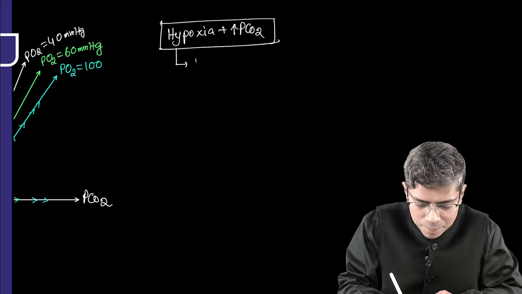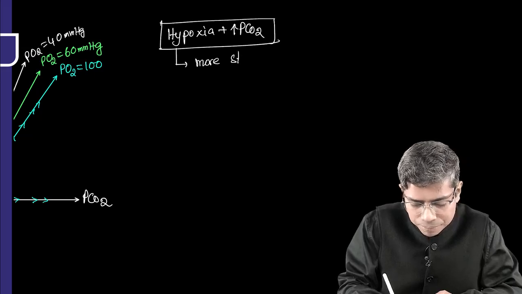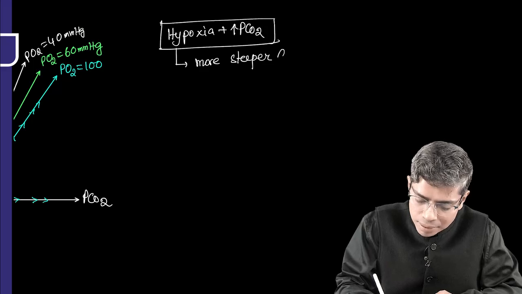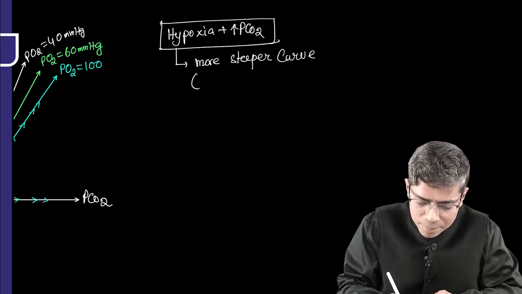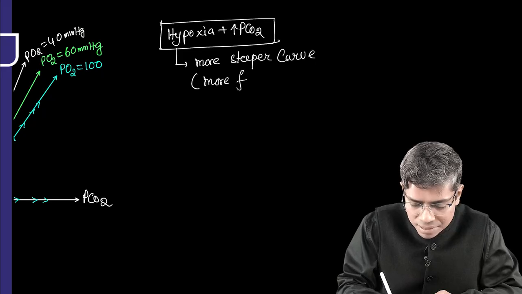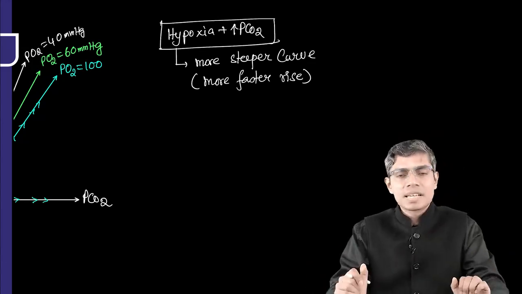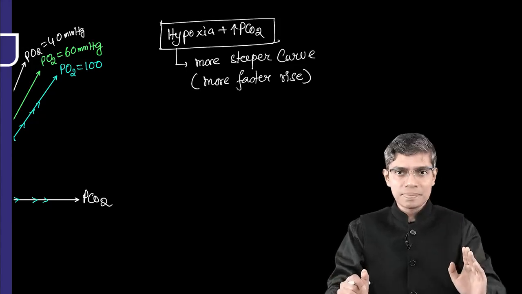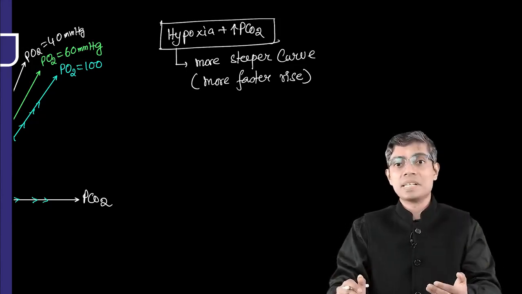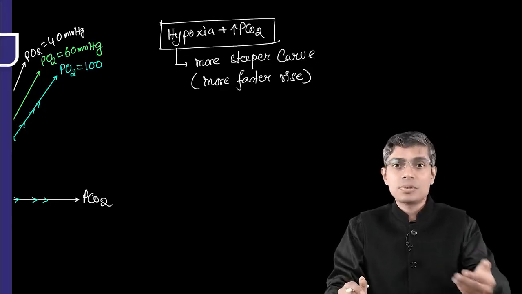A steeper curve. What is the meaning of that? It means a faster rise of ventilation. That means hypoxia is increasing the sensitivity in response to carbon dioxide.